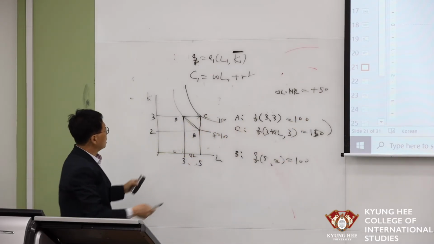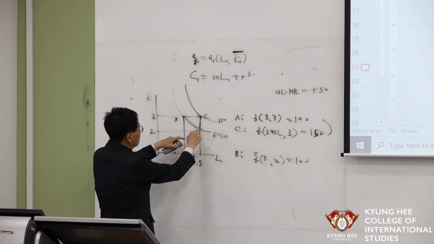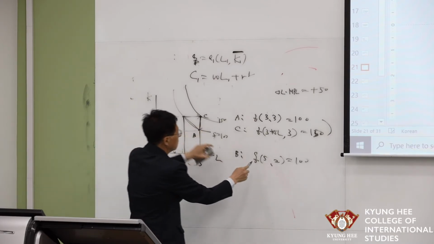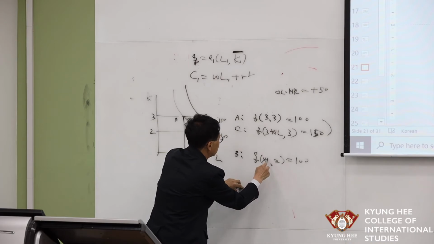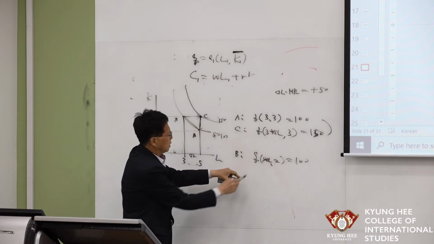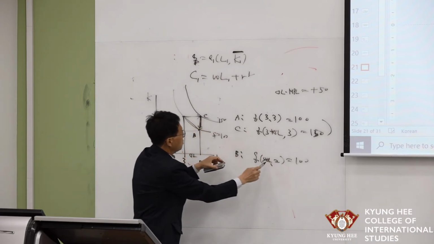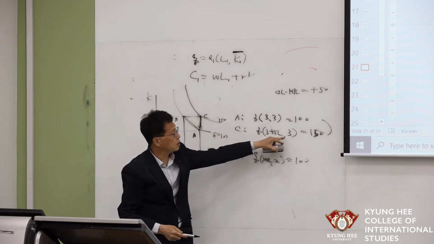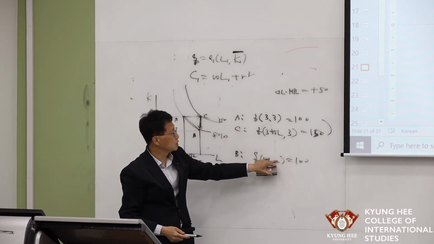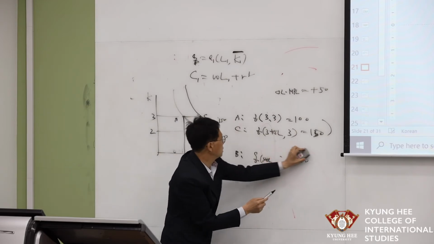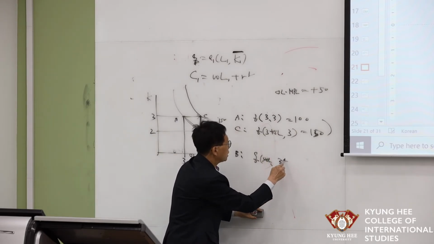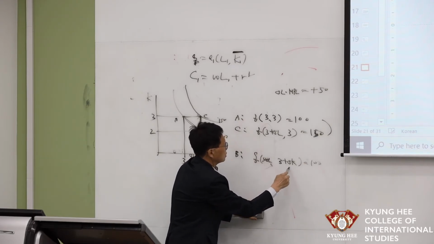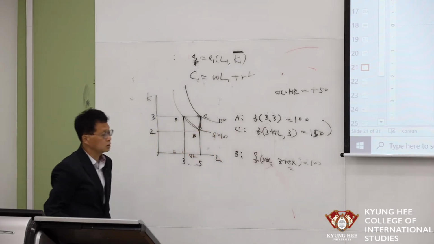Okay? Now, move on to C to B. Move on to C to B means 5 is 3 plus change in L, isn't it? When we are moving here, labor employment is the same, but capital employment decreases from 3 to 2. So we can say this is 3 plus change in K. Right? Change in K is minus 1, isn't it?